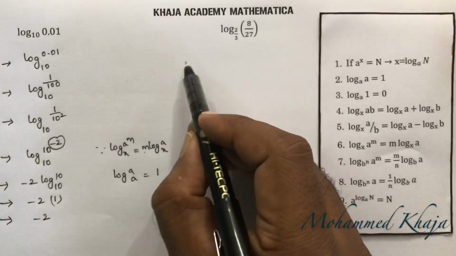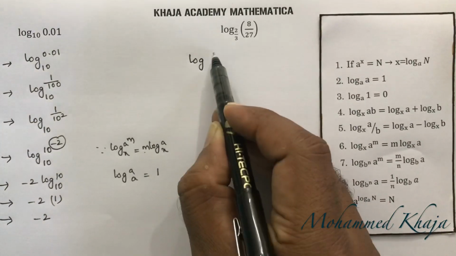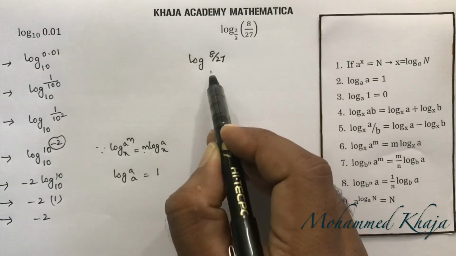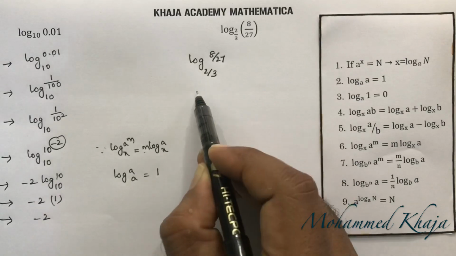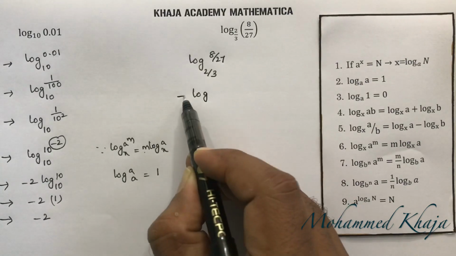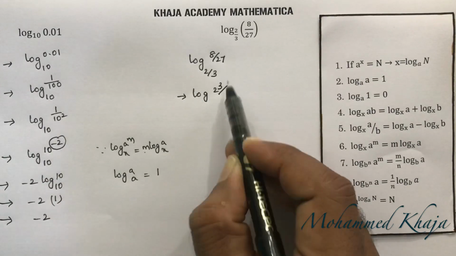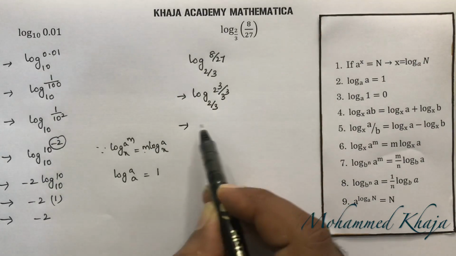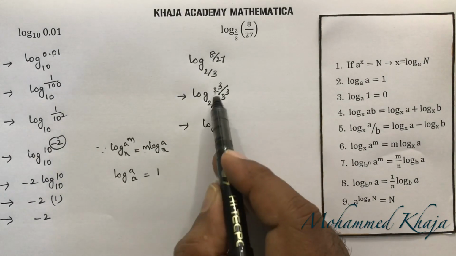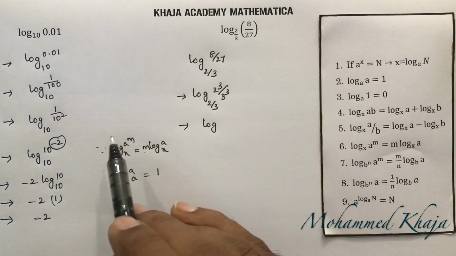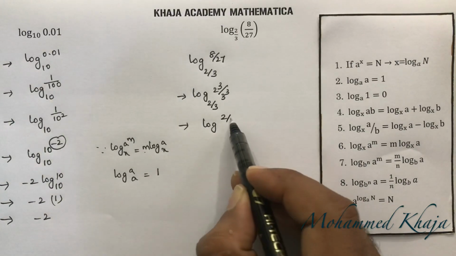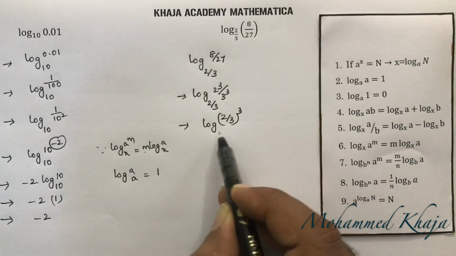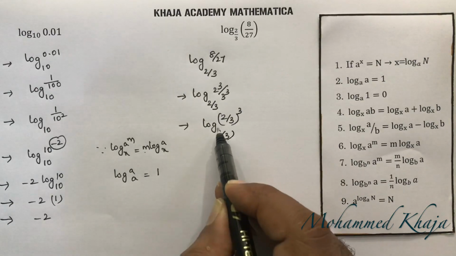Next problem: log 8 by 27 to the base 2 by 3. 8 you can write as 2 cube, and 27 as 3 cube. So 2 cube by 3 cube you can write as 2 by 3 whole cube, to the base 2 by 3.